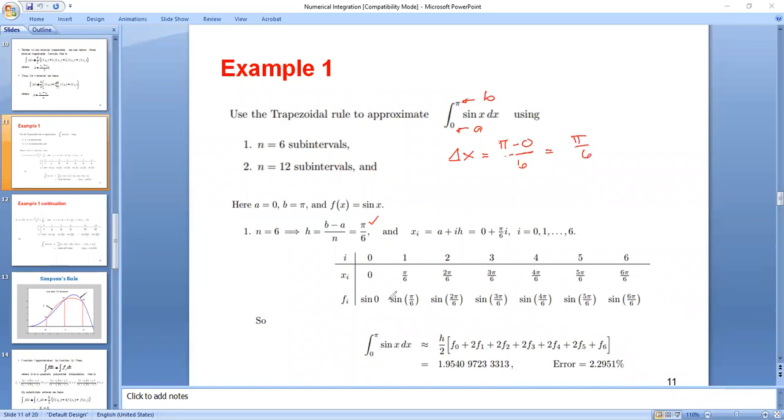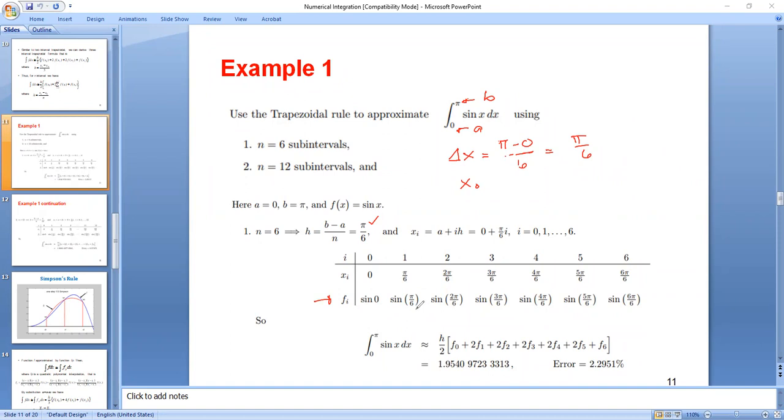Now your x sub 0, meaning the first value of x that you will substitute to your function, will be 0. It starts with your lower limit. I'm here on the third row. This is your f sub i, so this is your f of x sub 0. Then you increment starting from 0 using pi over 6. So 0 plus pi over 6 is pi over 6.